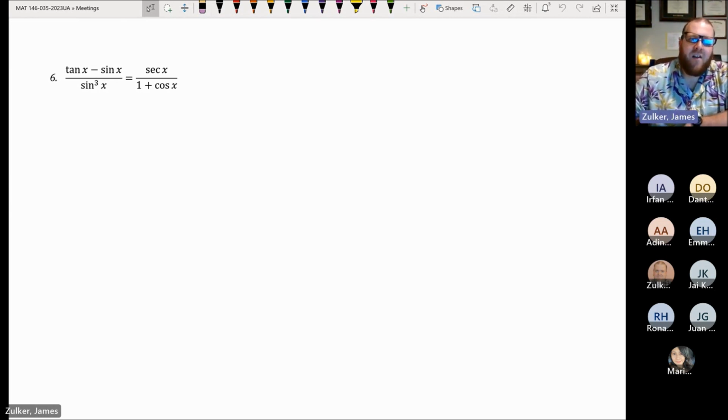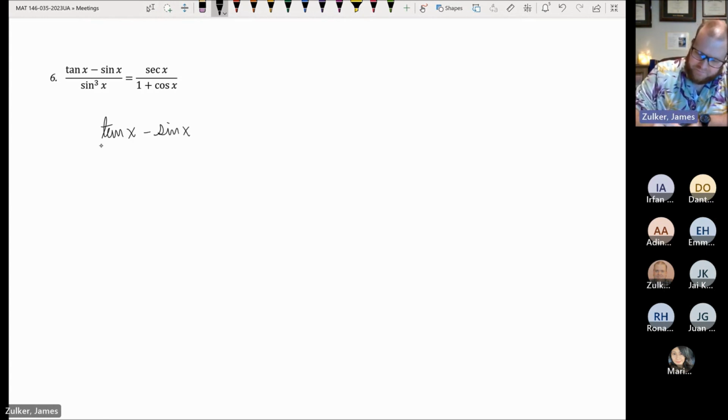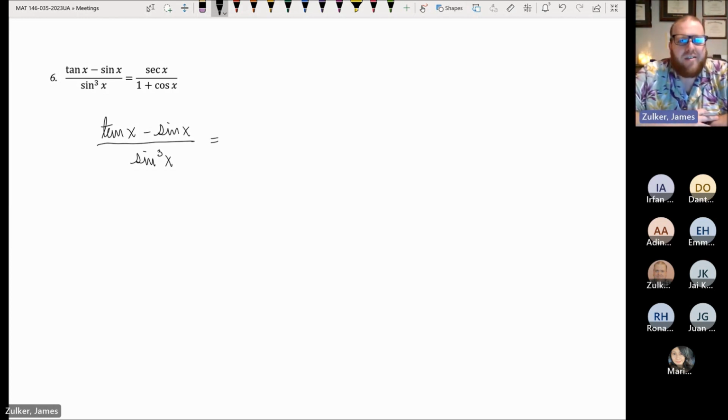Tangent x minus sine x over sine cubed, we're going to show that that is equal to secant over 1 plus cosine. Let's start here.